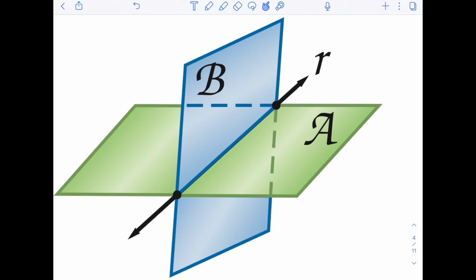In this figure right here, we have plane A and plane B intersecting at line R. So when we have these two planes that are not parallel, they're going to intersect at a line. So they intersect at an infinite number of points. The only way this would not happen is if the planes are parallel and they don't intersect at all, or they're the exact same plane and they intersect at every single point.